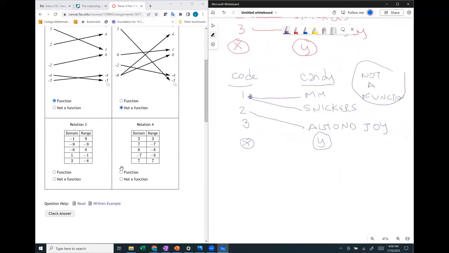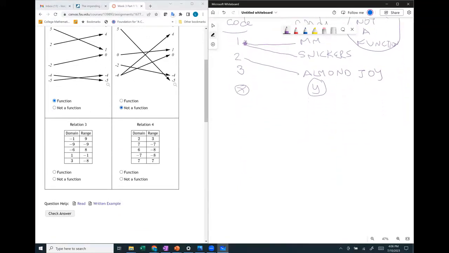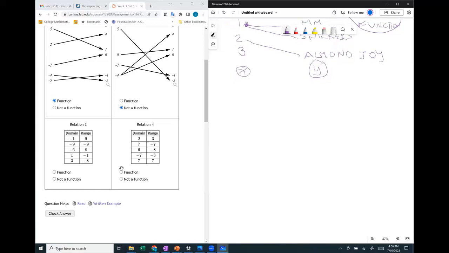So with the last two, you can do one of 2 things. If you have one number and it's going to 2 different places, you already know it's wrong. If you like the visual from before, you can put down one of each number. The main thing is that you don't duplicate any numbers. So here we have 9, -9, 8, -1, and -8.